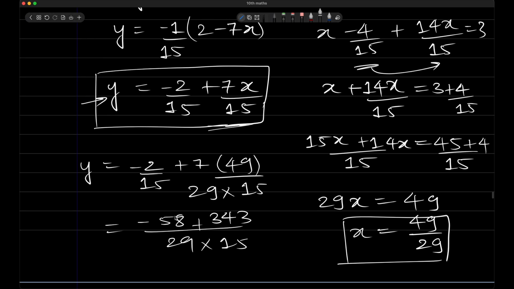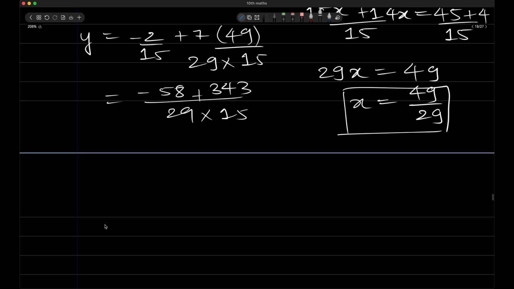After simplifying, we will get y equals to 343 minus 58, that is equals to 285 divided by 29 into 15.